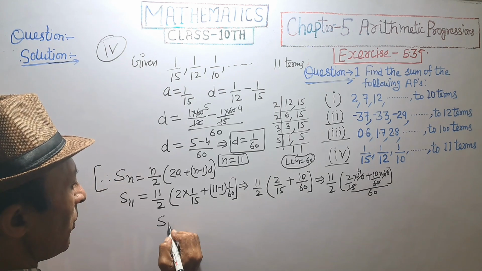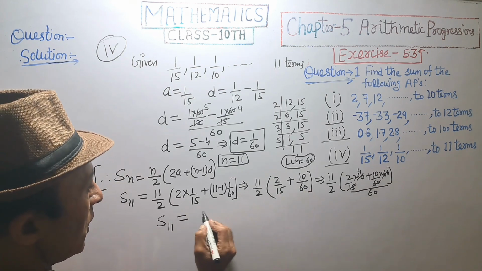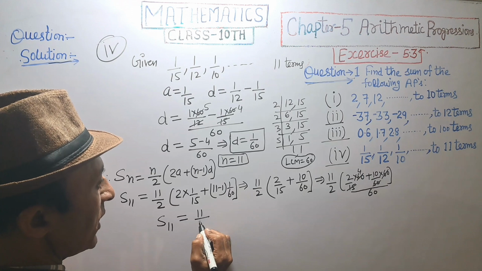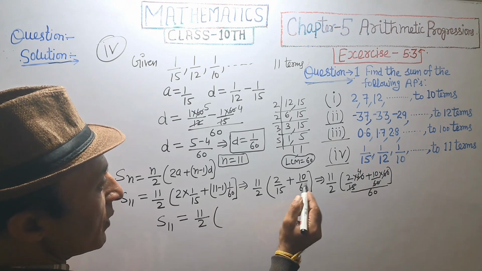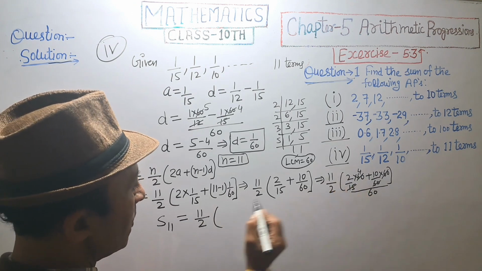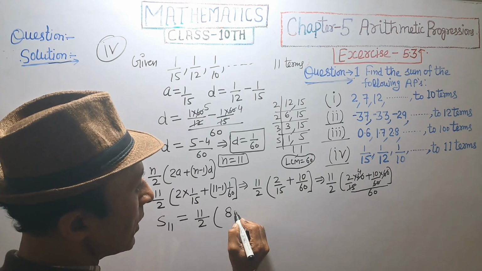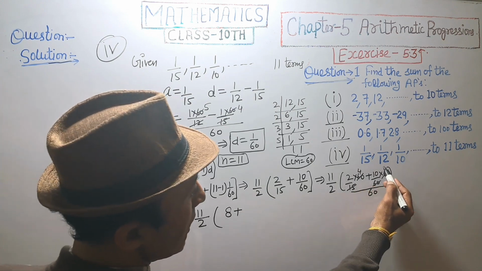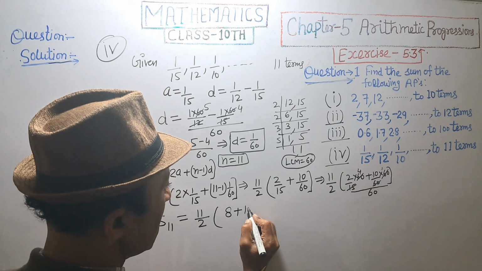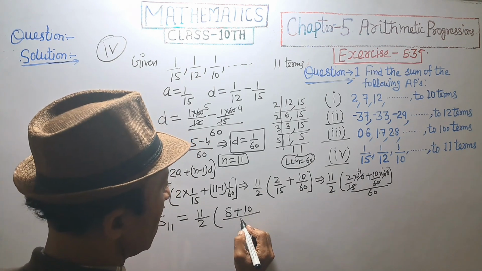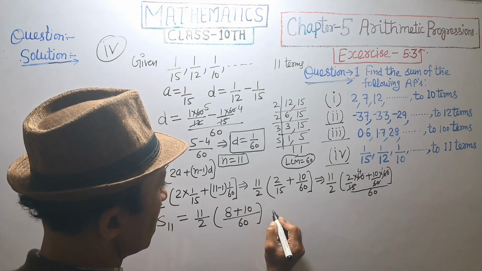So S11 is equal to 11 divided by 2, 4 multiplied by 2 is 8 plus 10 multiplied by 1 is 10, divided by 60.